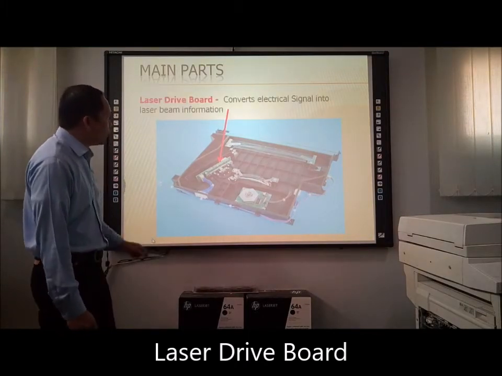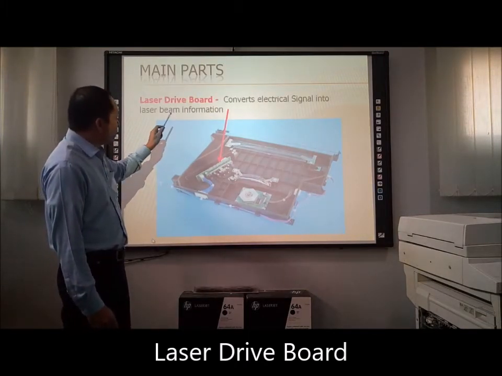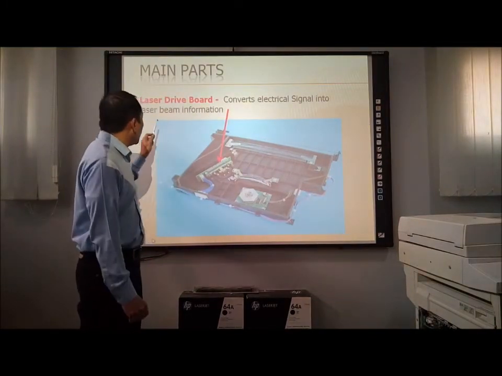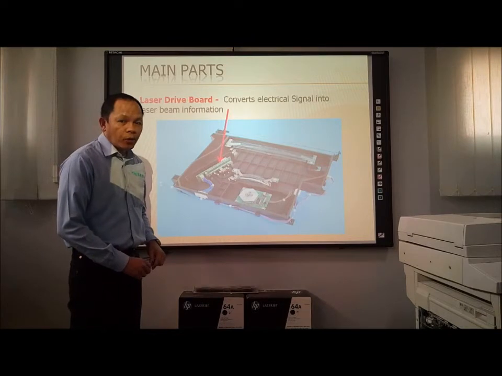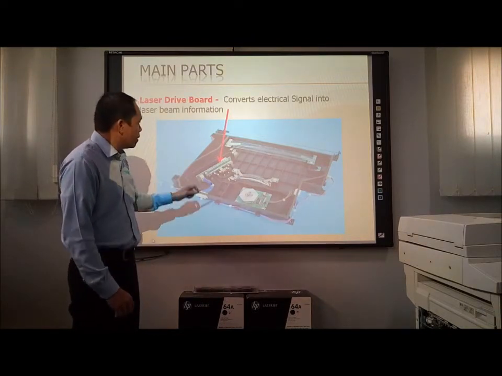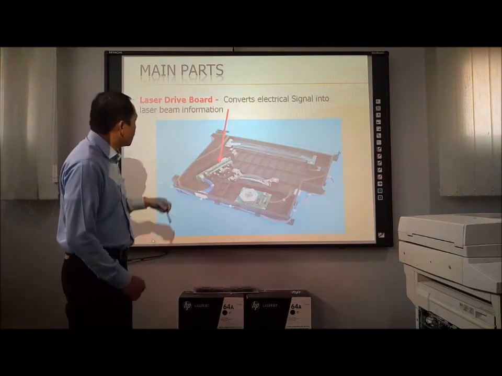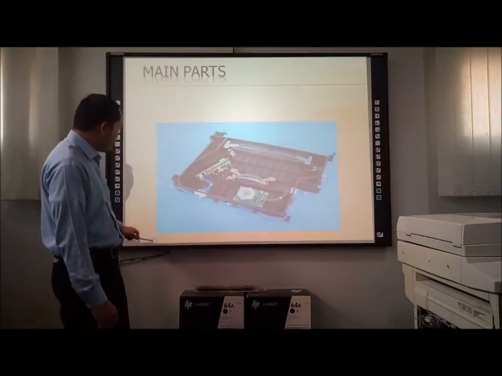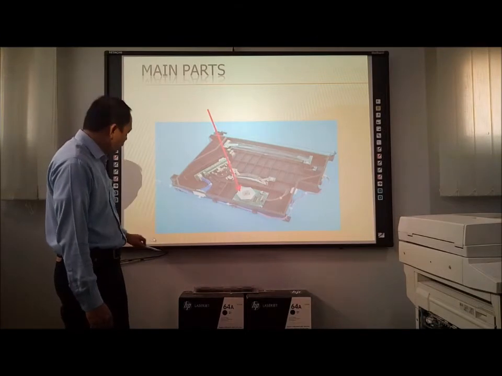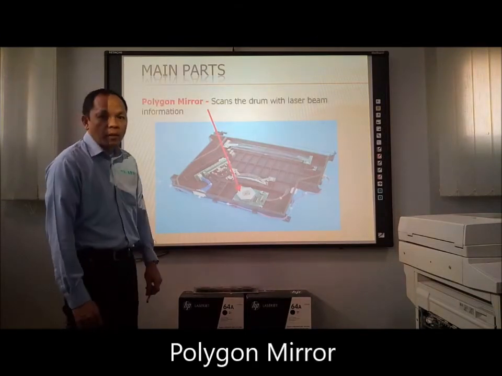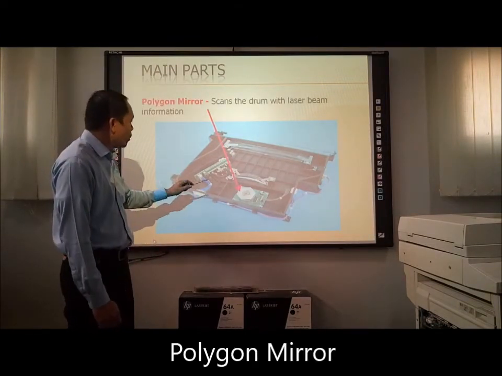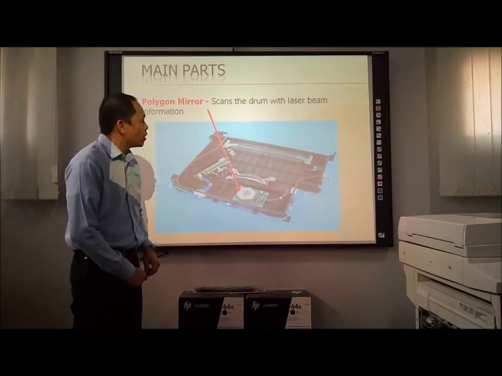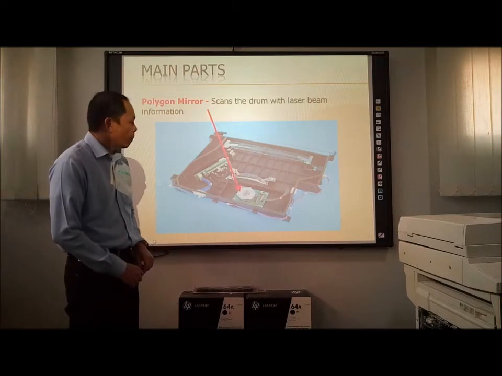The function of this part is to convert the electrical signal into laser beam information. Next is the polygon mirror. The function of the polygon mirror is to scan the drum with laser beam information.